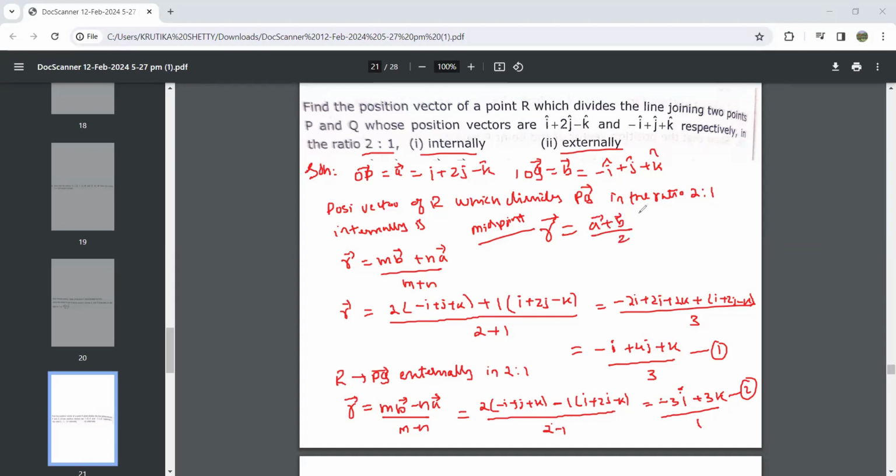Because when we are considering the midpoint, the ratio M is to N will be equal to 1 is to 1. So R will be equal to A plus B upon 2. Sometimes for 2 marks they ask to calculate the midpoint of the line joining PQ. There we use R is equal to A plus B upon 2.